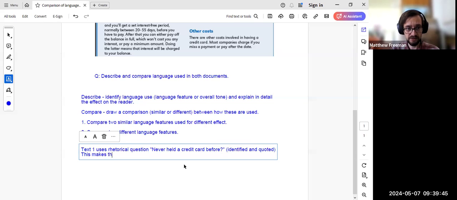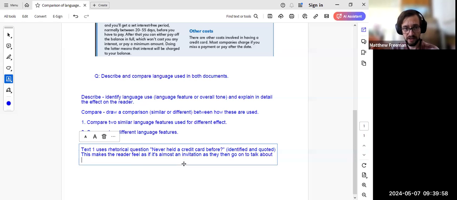This makes the reader feel as if it's almost an invitation, as they then go on to talk about how their credit card is great for first time borrowers. So there I've got my effect on the reader.